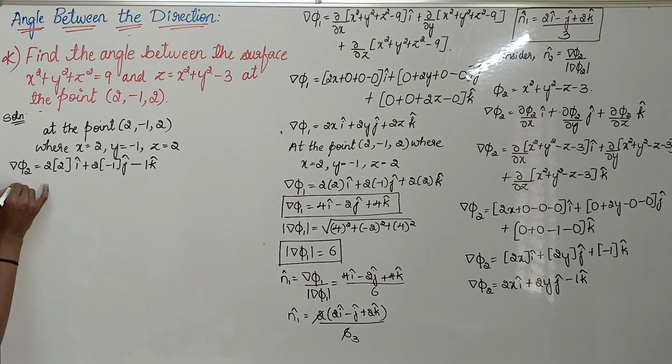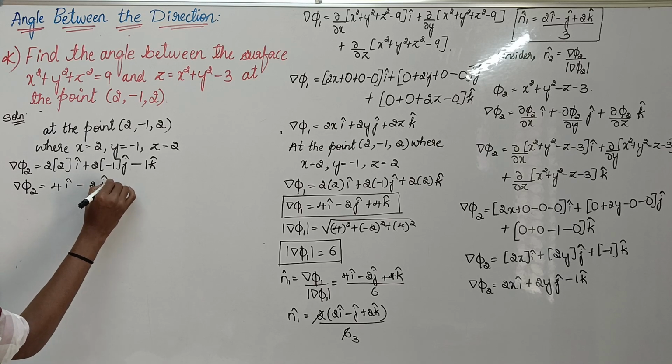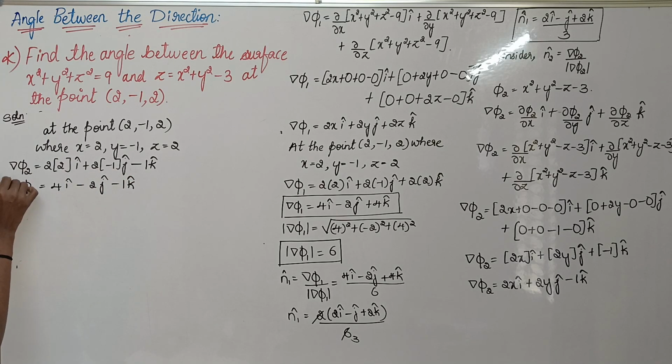That is, gradient phi2 equals 2 twos are 4 i cap minus 2 j cap minus 1 k cap. This is the value of gradient phi2.